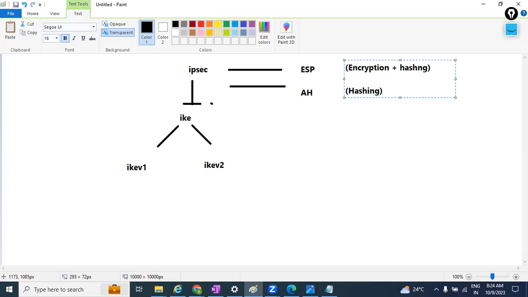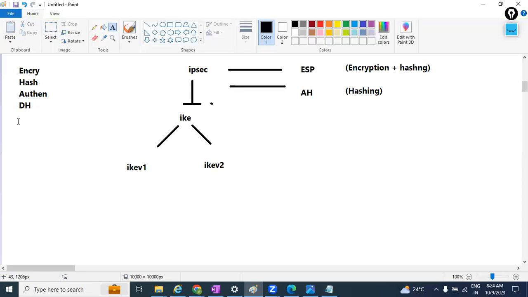We have already discussed what encryption is and what hashing is, right? Earlier, in the cryptographic methods, we discussed what encryption, hash, authentication, and Diffie-Hellman are. Clear? So these things would be needed now. Not IKEv2 right now. First of all, we are going to talk about IKE.